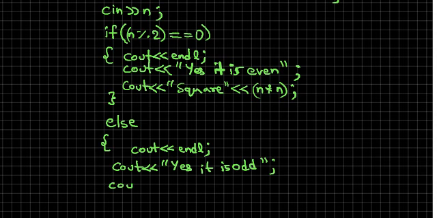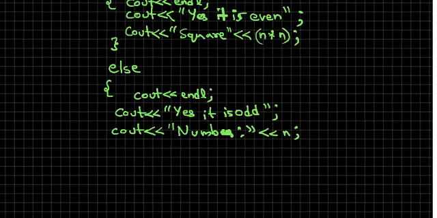You can give any message as per your wish. I am giving just a message, "Number", then n. That's it. So we'll close the else part, and we'll close the main program.